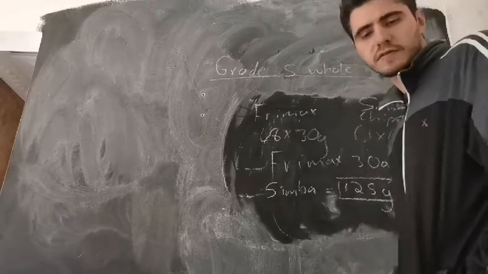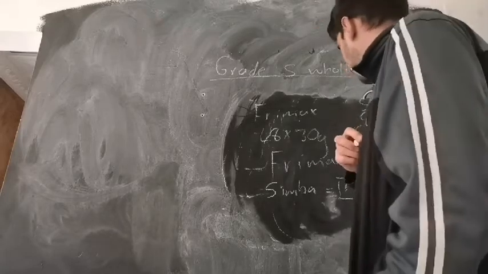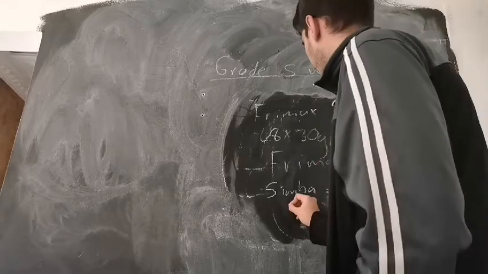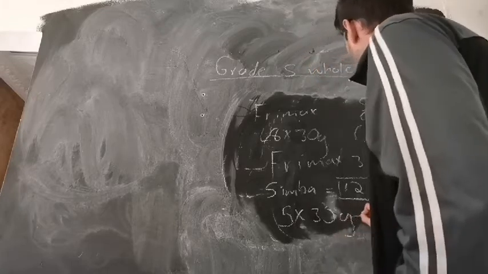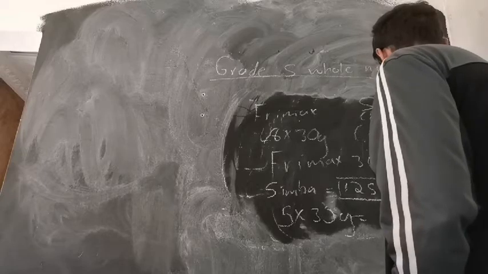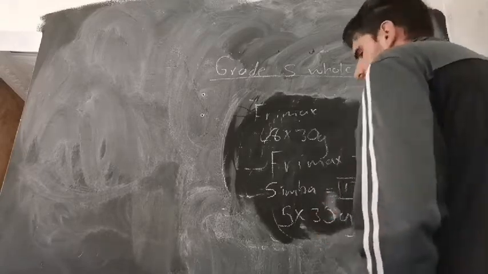So first of all, for myself, I'm going to make it easier for me. I'm going to say 5 times 30 grams gives me 150 grams for the Frymax. So it's going to take 5 packets to make up at least 1 packet of Simba chips.